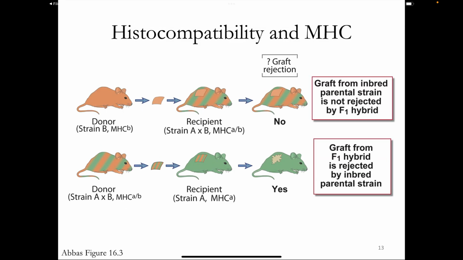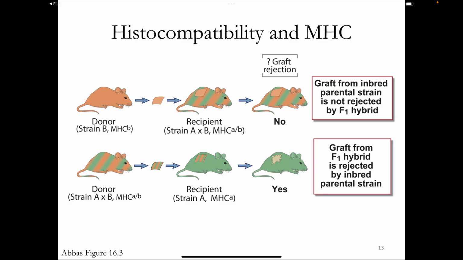And they could also do some experiments like this, where they could have a mouse of one strain. And so we could also have a recipient that was a child of two inbred strains. So we had a strain B mouse transplanting to its child of strain A and B, and there was no rejection.